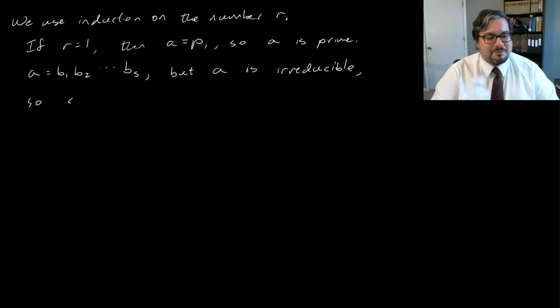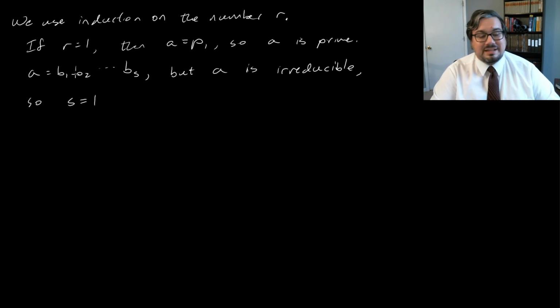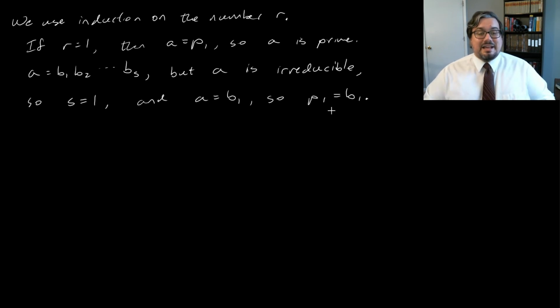So we must have, in fact, that S is just equal to 1, because since A is irreducible, it can't be the product of more than one non-unit elements. And so A is equal to B1. So we have that P1 equals B1. So in fact, in this case, when R is equal to 1, the factorization is completely unique. There's no reordering to be done, and the P1 and the B1 are not just associates, they are actually equal to each other.